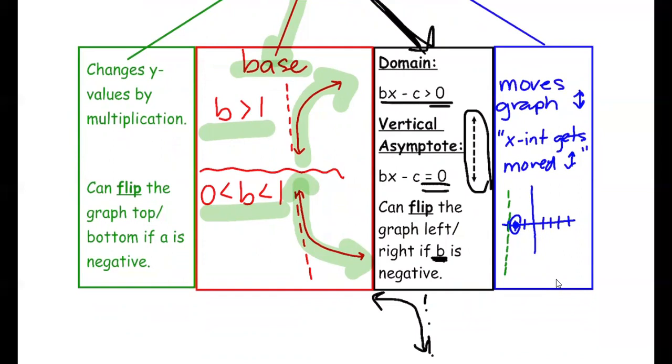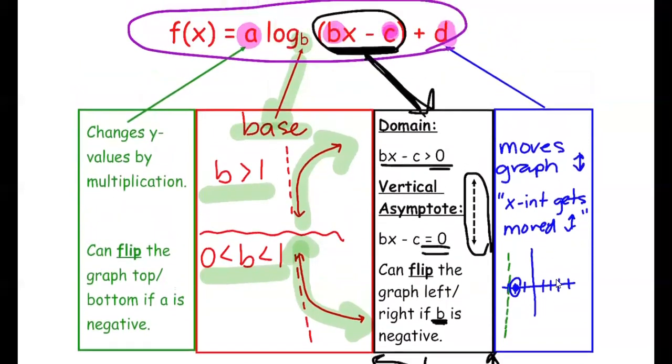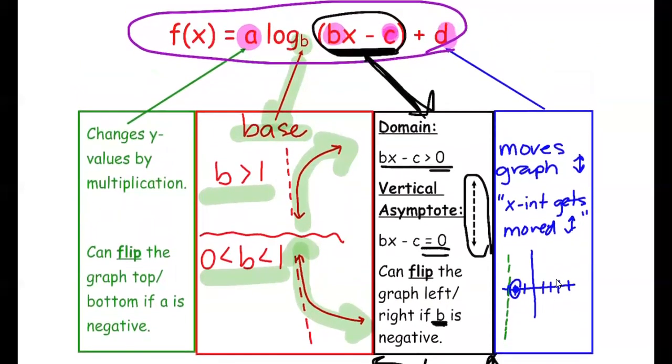If it was a decay function, you'd have your asymptote on the right, and then you'd have a decreasing graph, okay? The other two changes that you have to be aware of are two exterior things that can happen. So A is on the outside and D is on the outside. D kind of shifts you up and down as far as that's concerned, just so you are aware of that.